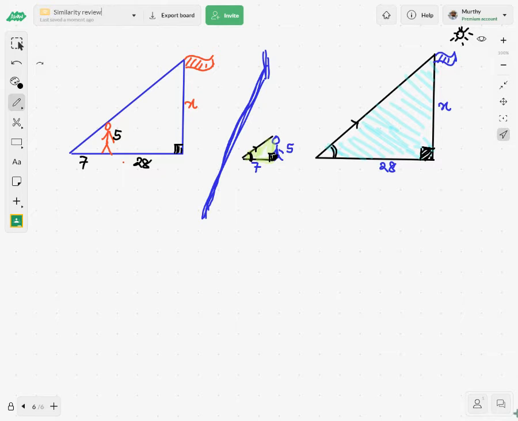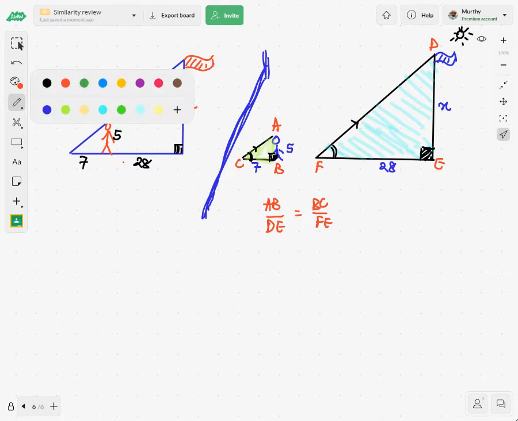These two are corresponding. Let me label these two diagrams: A, B, C, and this one is D, E, F. I'm taking the second scenario. In this one, I can take AB, that means the vertical line. You can see that AB is the vertical line. And the corresponding vertical line is DE, equals the horizontal line BC over the corresponding horizontal line FE.